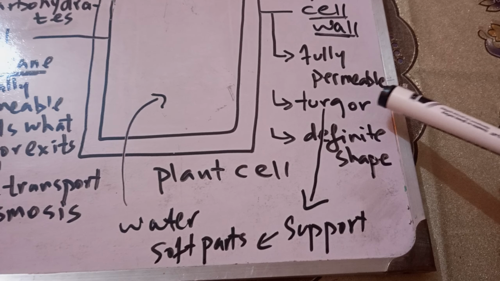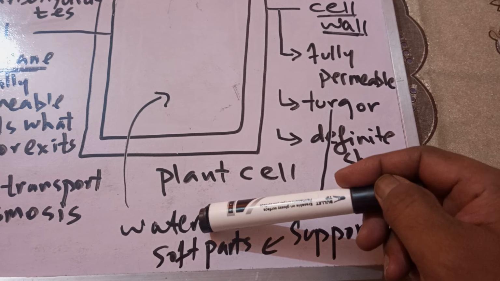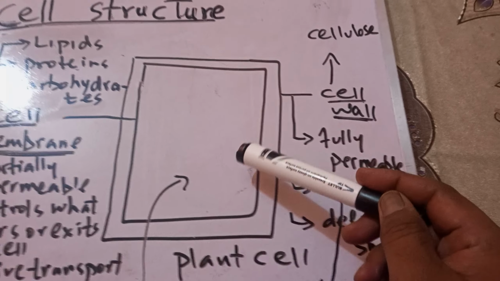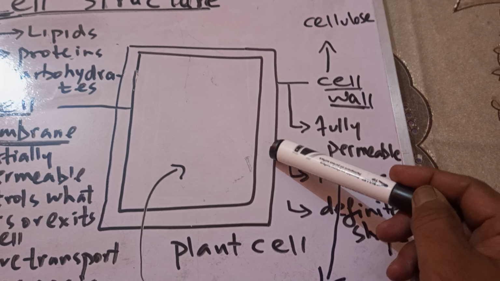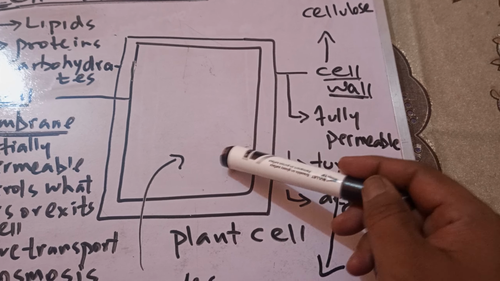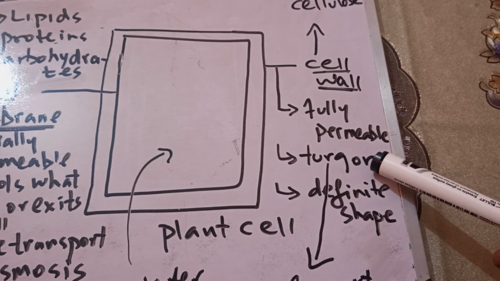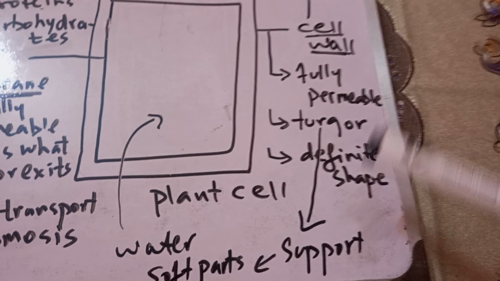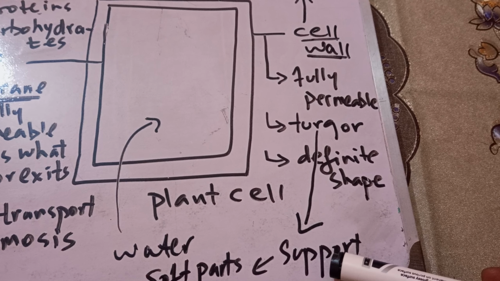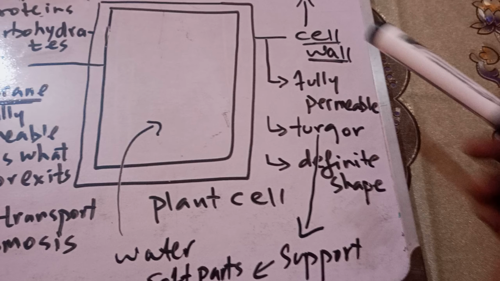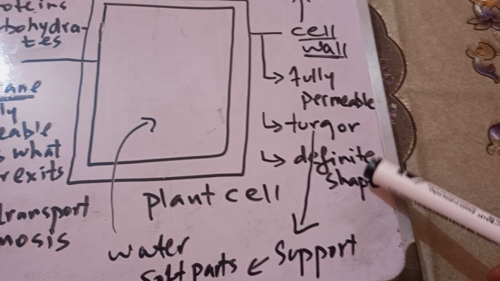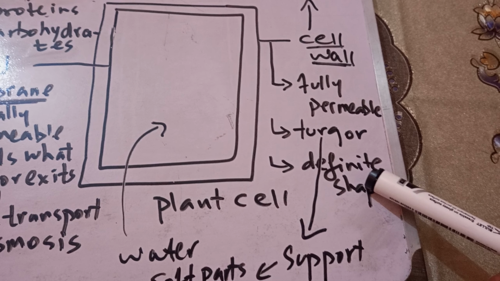And turgor means that whenever too much water enters, the plant cell will not rupture because of the cell wall. Rather, it becomes hard and rigid. This is called turgor. Turgor is very important in providing support to the soft parts of the plant. And finally, the cell wall gives definite shape to the cell.